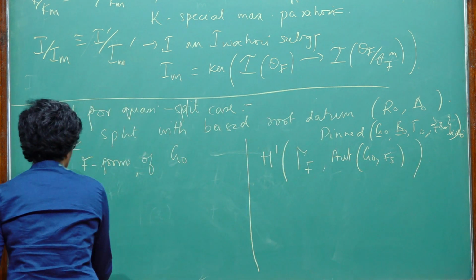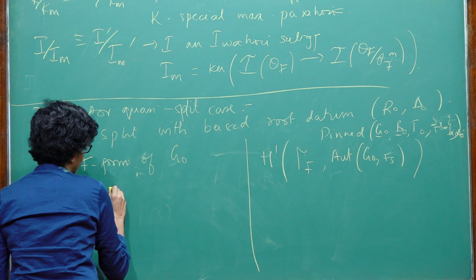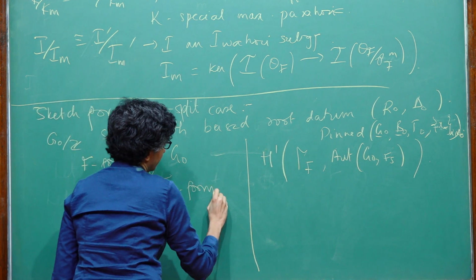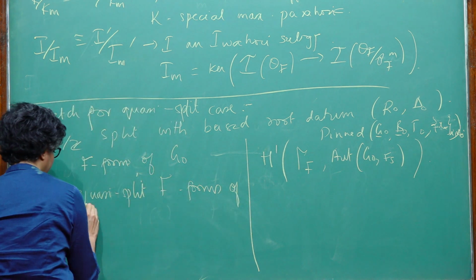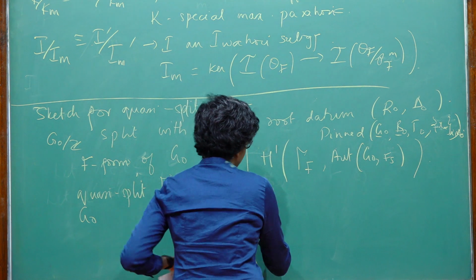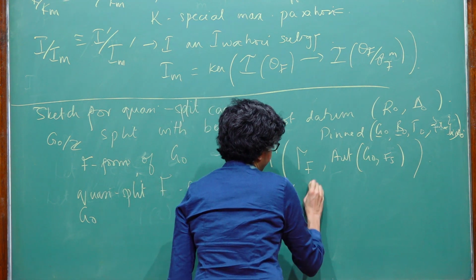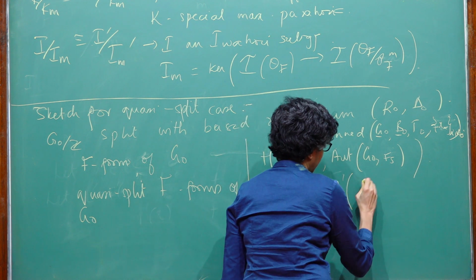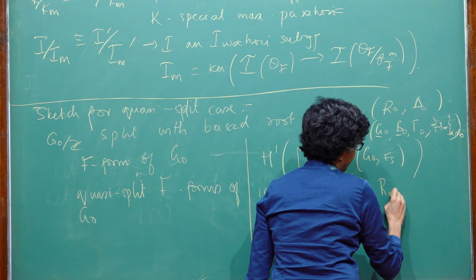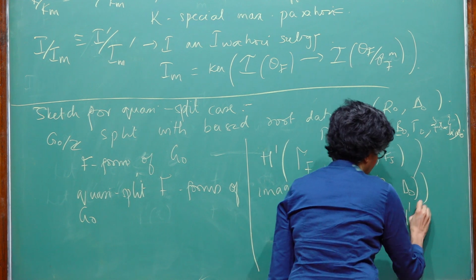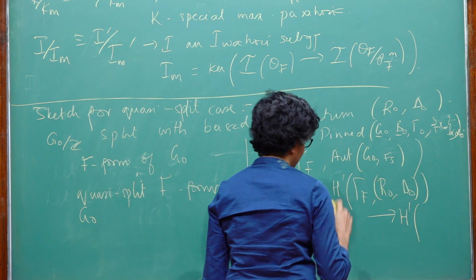And the quasi-split F forms of G0 are in the image of H1 of Gamma F, R0 delta 0 to H1. I mean, there is a splitting.